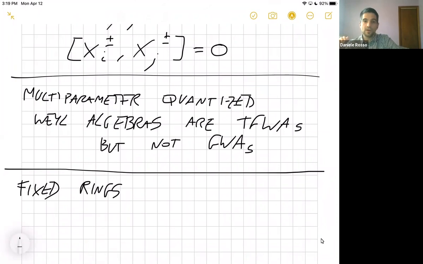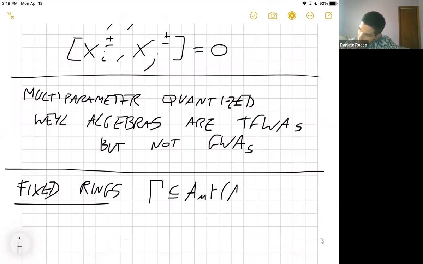The situation is that we're going to have a certain finite group of automorphisms of A. And I realize there's maybe already potentially confusion. I'm not talking about automorphisms of the base ring R anymore. Now these are automorphisms of my algebra A that I'm looking at, okay?